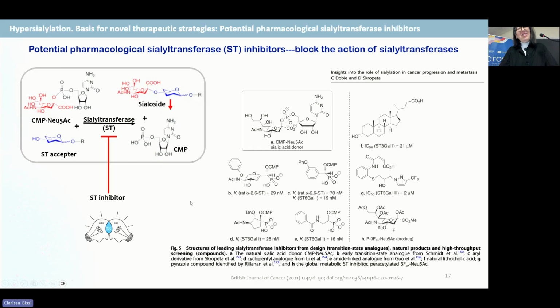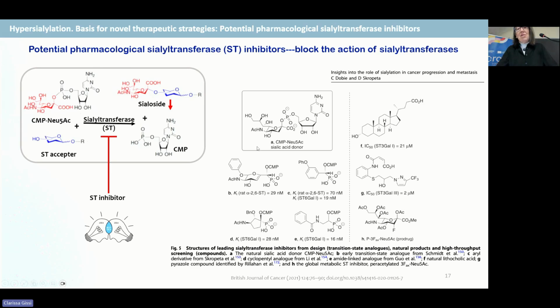Many sialyltransferase inhibitors have been described. Some are natural, others glycomimetics, like this one that we have used, and some are similar or mimic the transition state. Here the donor is the sialic acid that is linked to CMP, that is the donor for the sialyltransferases, this one.